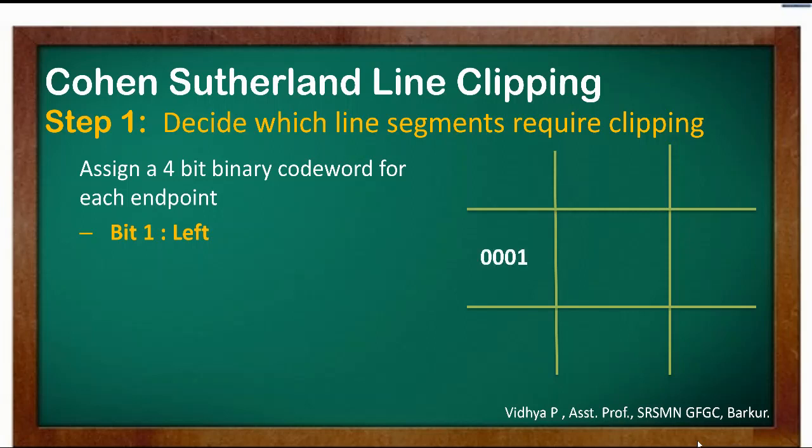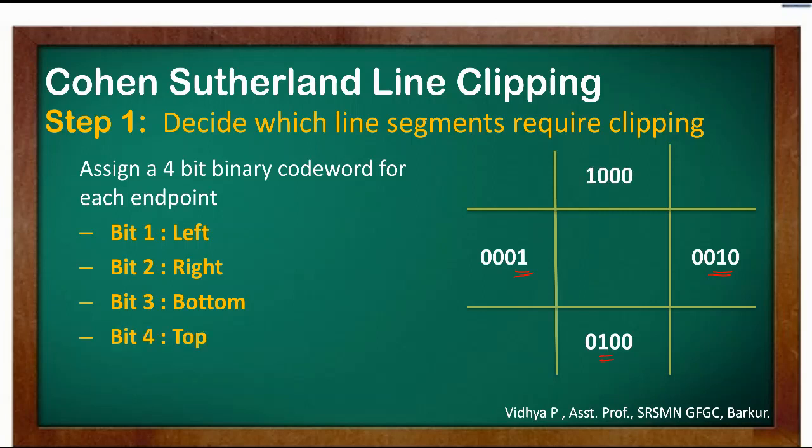If the endpoint is on the right of the window boundary, then we set the second bit to 1. If it is on the bottom of the boundary, then the third bit is set to 1. If it is on the top of the boundary, then the fourth bit is set to 1. If the point is completely inside, then all 4 bits are 0, 0, 0, 0.